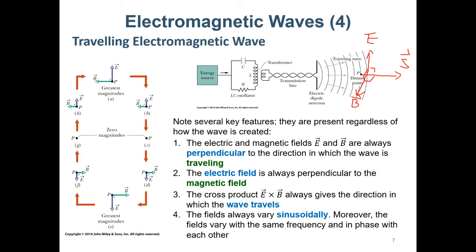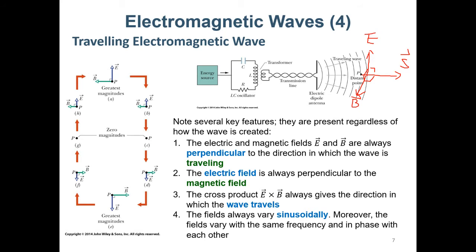And actually, E cross B should be in the same direction as the Poynting vector, which is the direction of the wave propagation. So the cross product E cross B always gives the direction in which the wave travels.